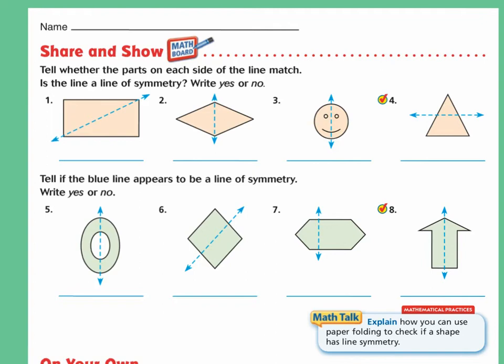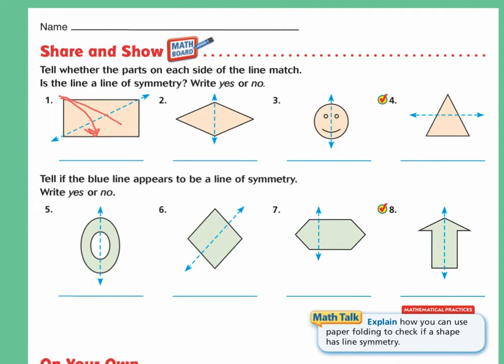Rectangle goofs people up sometimes. I will say this is probably one of the trickier shapes. With a rectangle, you would have a vertical line of symmetry, and you would also have a horizontal line of symmetry, but the rectangle is different than the square in that you cannot go diagonal. If I were to fold that corner over, it's not gonna match up exactly.